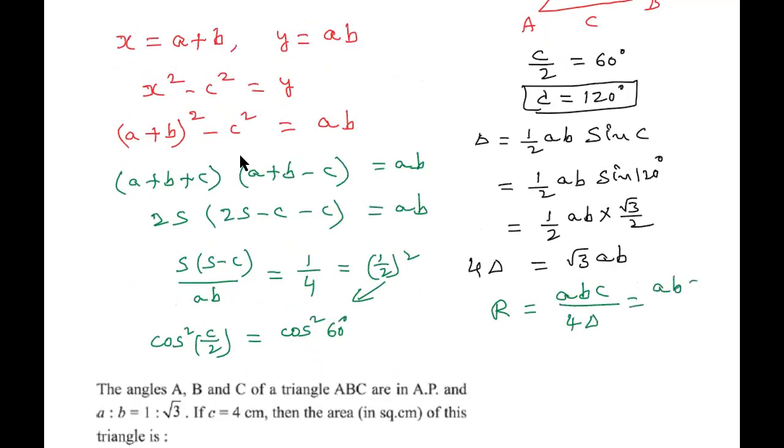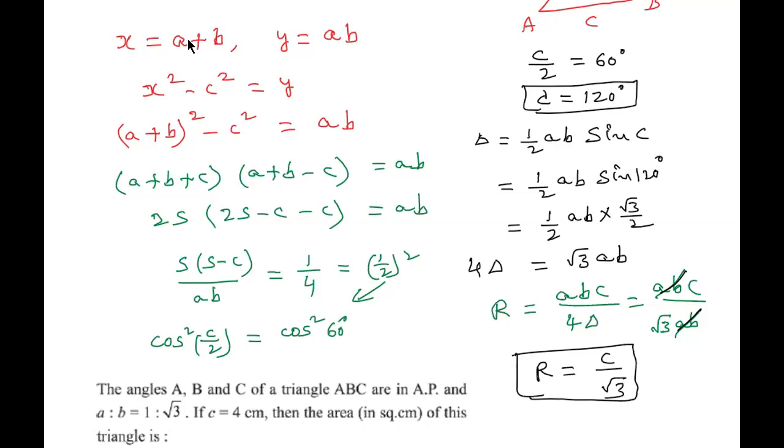ABC by 4 delta value, already we got root 3 AB. So here AB is cancelled. Now what is the remaining? Capital R is equal to C by root 3.